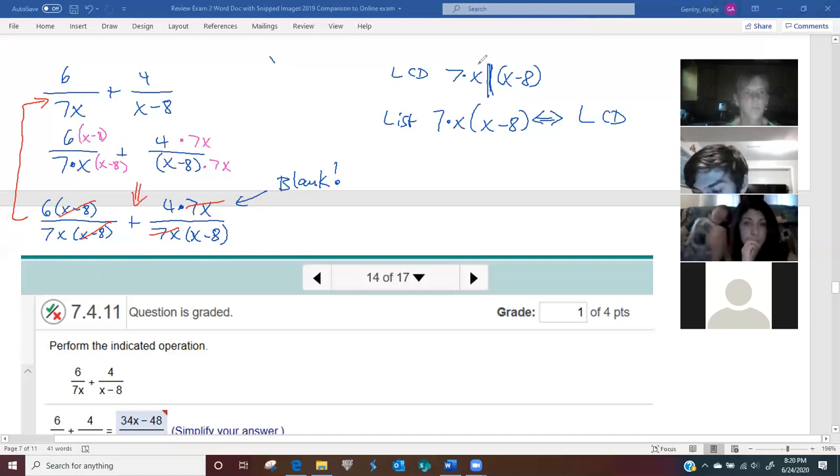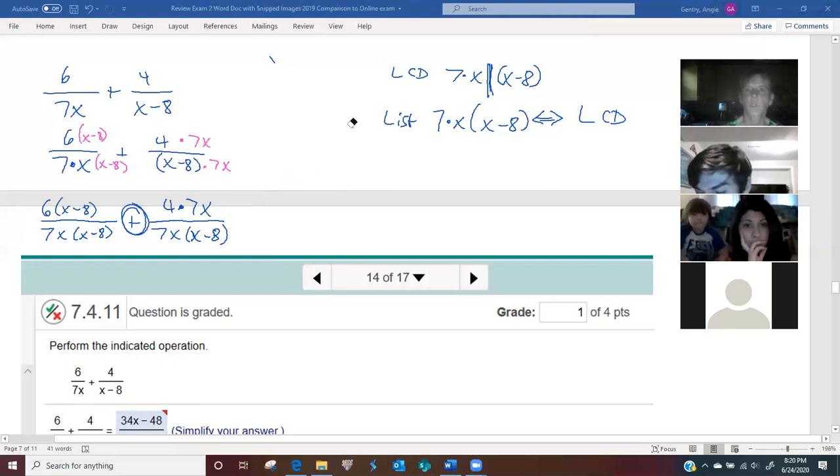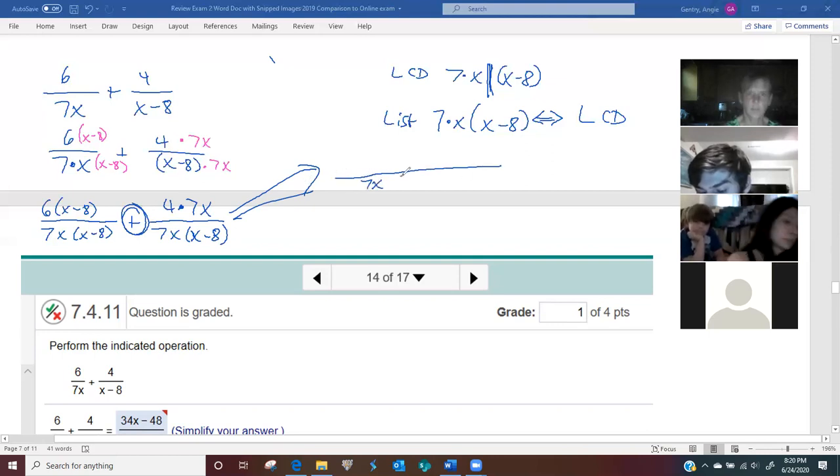You can't do that. So please don't. Why can you not cancel? Because this is a plus. So you have to go across. You have a common denominator now, yes? And my denominator is 7x times x minus 8. There's no need for me to distribute through.